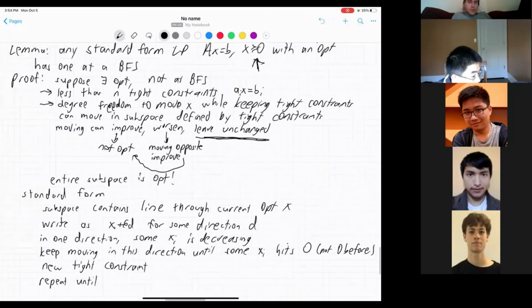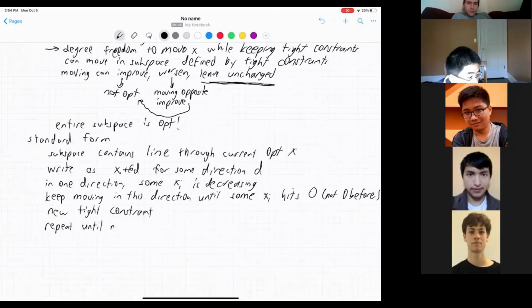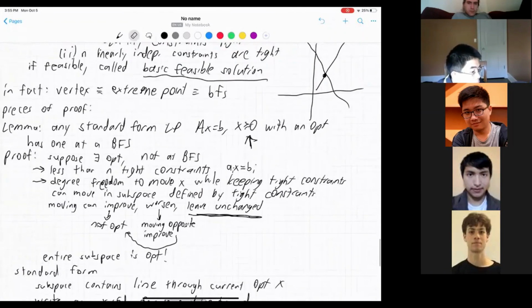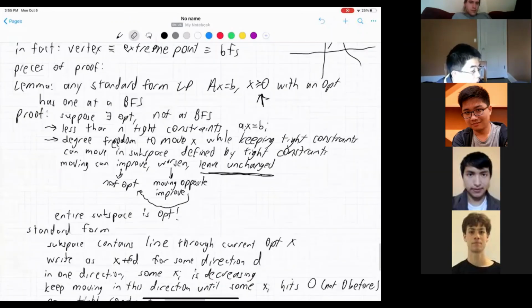Until my assumptions no longer hold. I started by assuming I was not at a BFS. I'm just going to repeat this until there are n tight constraints, i.e., I am at a basic feasible solution. So this completes the proof that if there is an optimum, there is an optimum that is at the intersection of n tight constraints of the polytope in standard form.